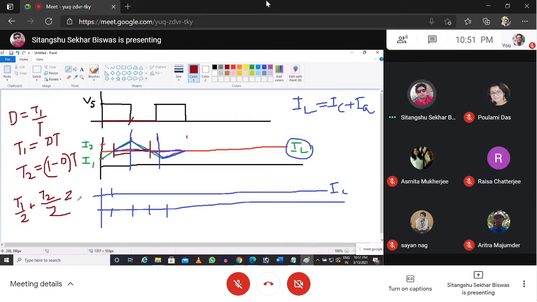Now if you put the value of T1 and T2, you see DT plus T minus DT. So DT cancels, and it is T by 2. So during the period of T by 2, the capacitor is getting charged.